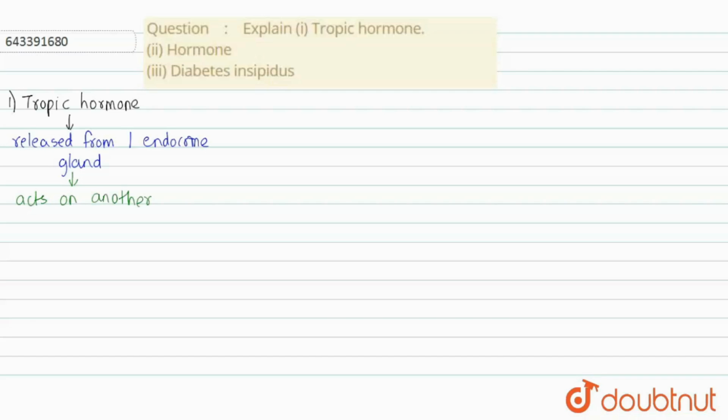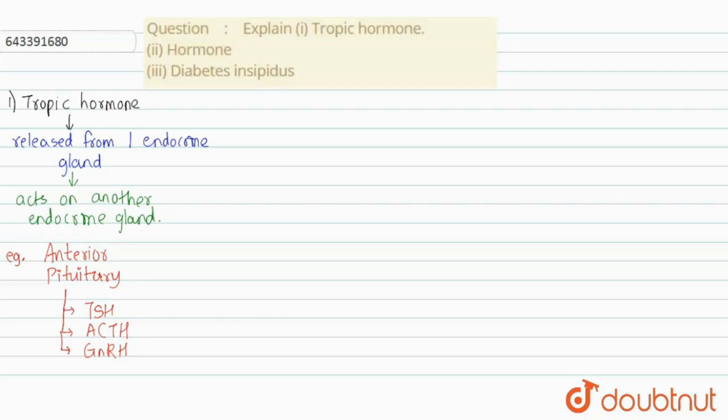Now what is an example of a tropic hormone? The most common examples of tropic hormones are hormones which are released from the anterior pituitary gland, like TSH, ACTH, and GnRH.